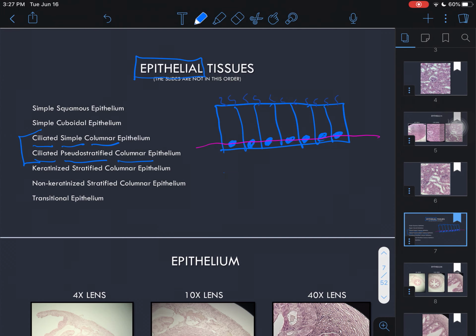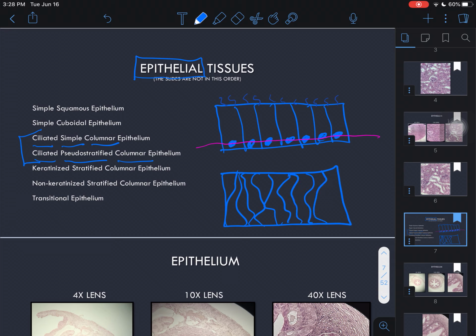tissues. So with the ciliated pseudostratified, pseudo meaning fake, stratified meaning more than one layer, sorry, got busy drawing. Okay. The thing with this guy right here is they're so smushed together that their nuclei actually get pushed kind of apart.